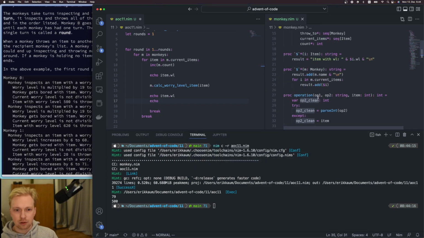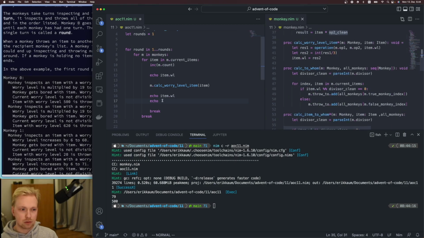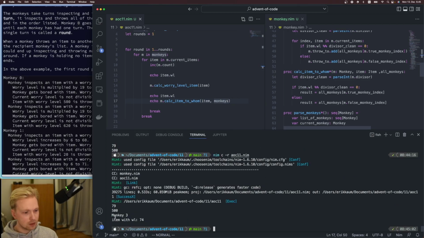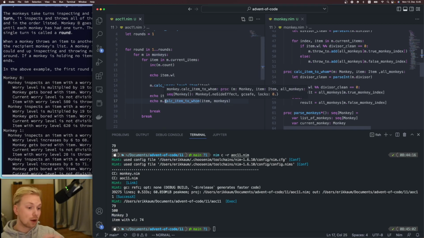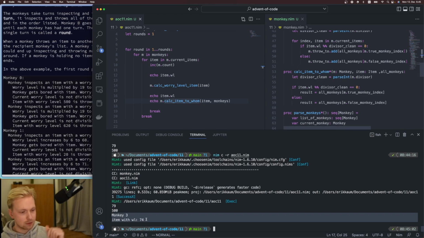I had a function for calculating, based on the worry level, to whom it goes, and that's m.calc item to whom, yeah, exactly. Then we're passing the item, and we have to pass in an array of all the monkeys. So let's echo that as well. Okay, it returns the monkey.